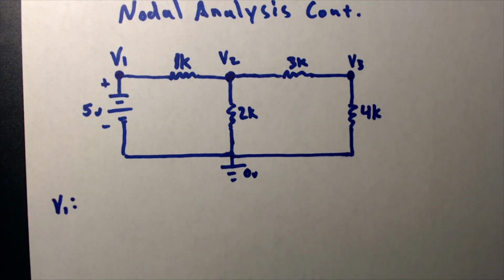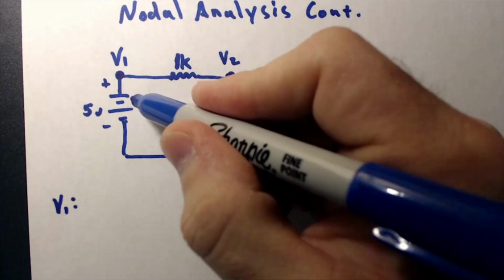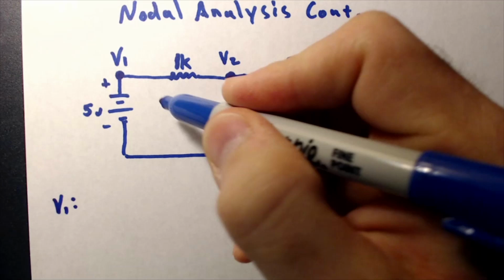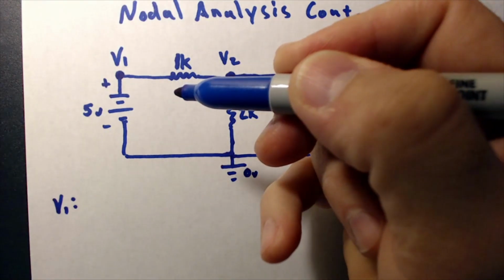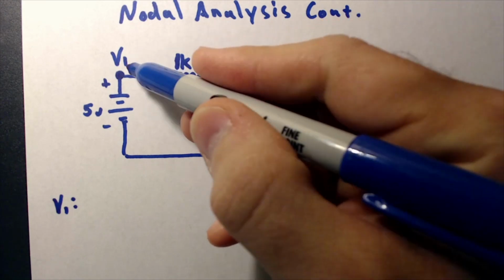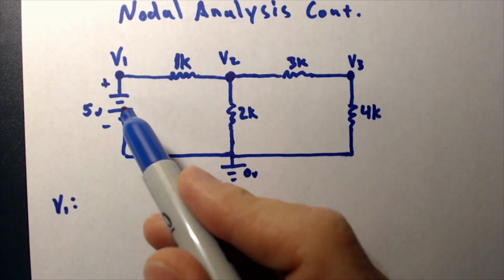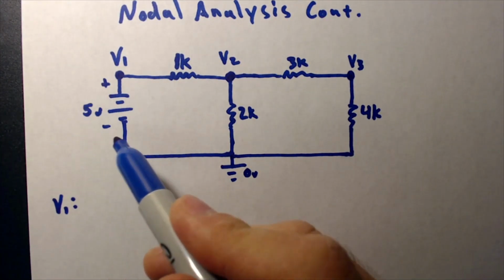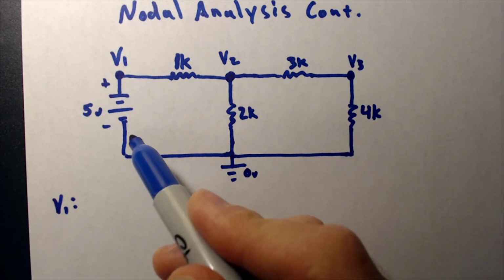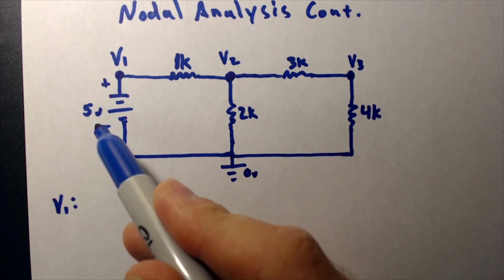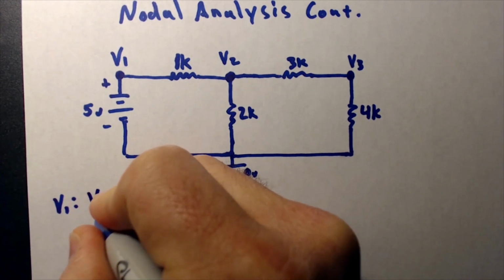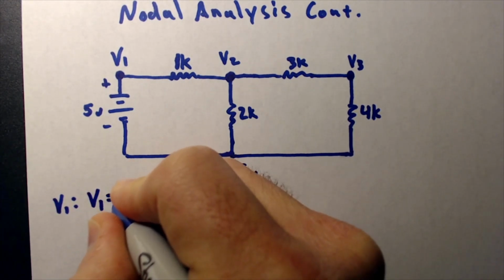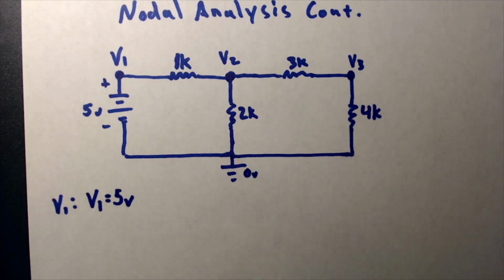Well, I kind of just gave it away, actually. If you noticed, we don't have to write KCL for V1. We don't have to worry about the current leaving or entering because V1's already given, so that's the nice thing. When you have a voltage source in a nodal analysis problem, it's kind of a freebie. It's a giveaway. So for V1, the equation ends up just being 5 volts.